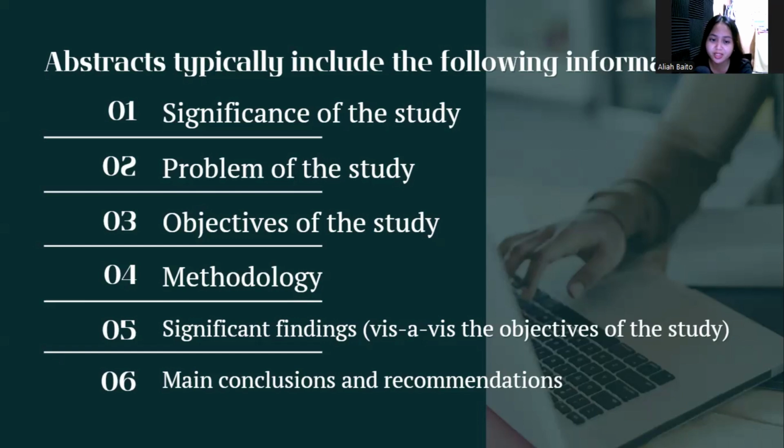Also, some abstracts contain a list of keywords or terms that are related to the study. This list of keywords is very important in indexing information, making it easier for an information seeker to find the document.